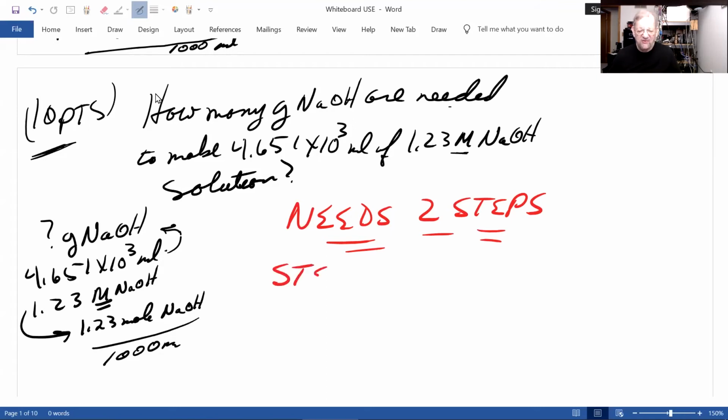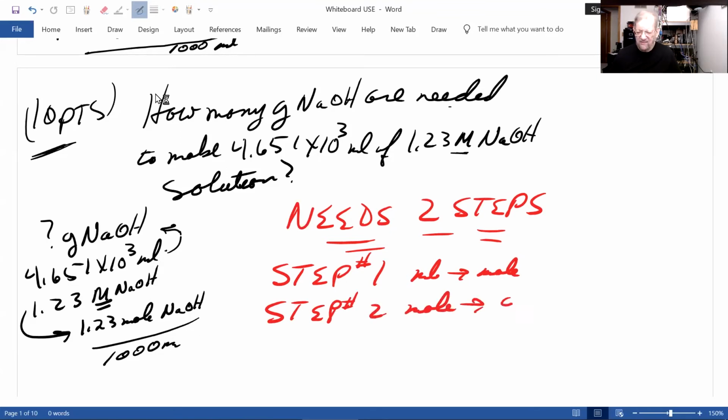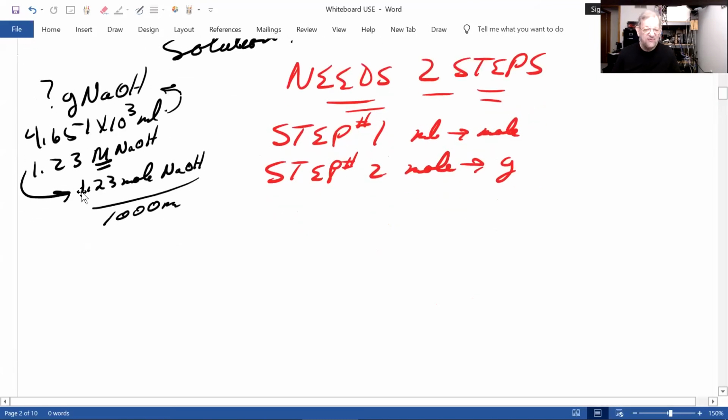Step one, and this will be given to you in important information, you go from milliliters to moles. Step two, you go from moles to grams. And therefore, let's do step one.